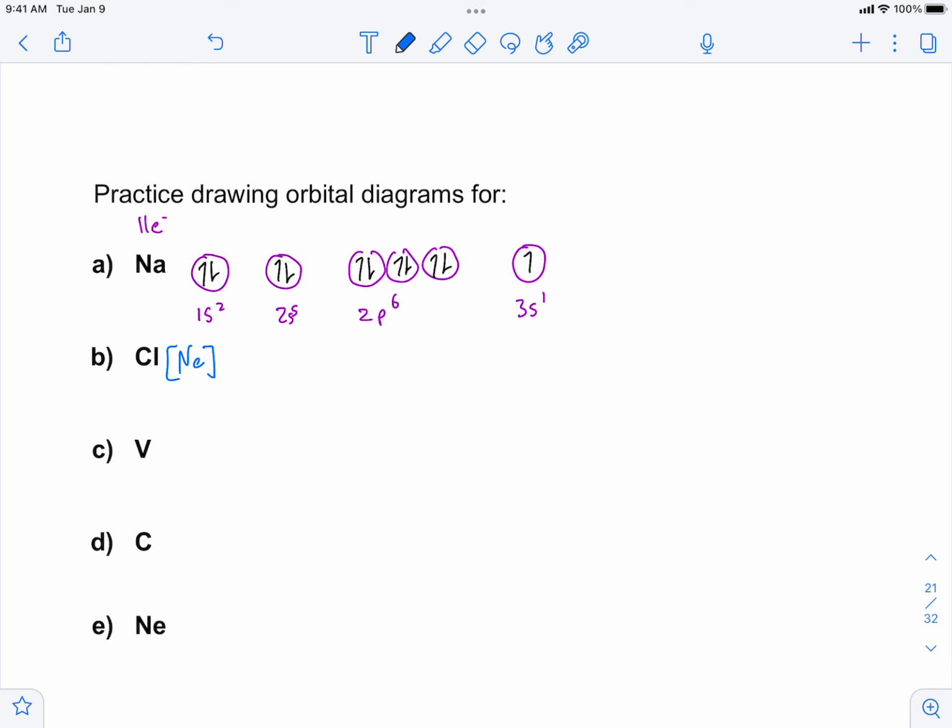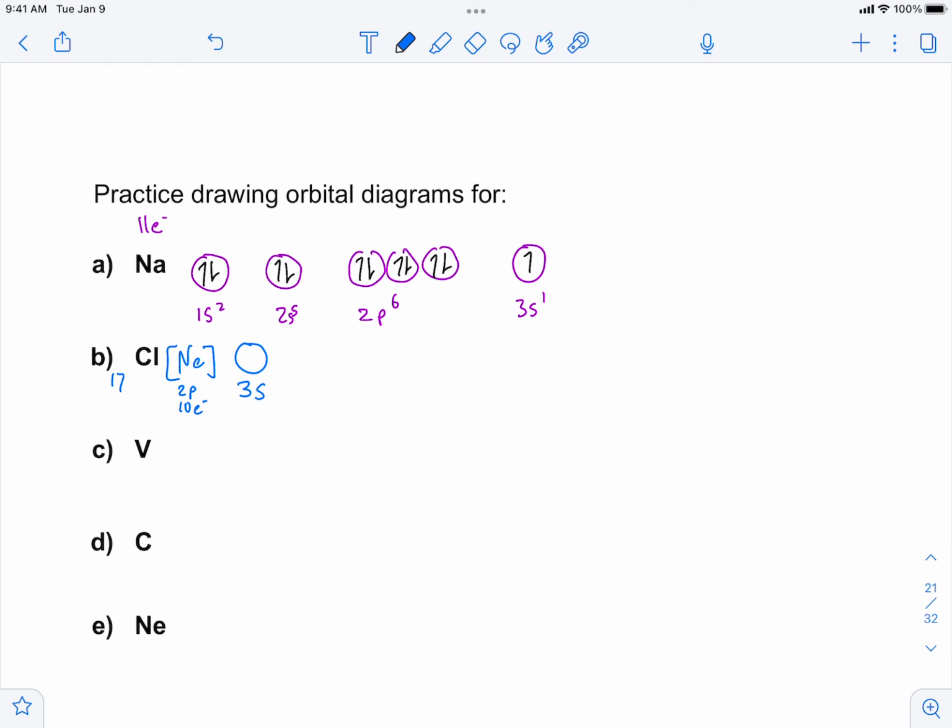Okay, neon is what? What p row is it? Is it 2p, 3p, 4p? What is it? Okay, it is 2p. So if neon is 2p, then according to your arrow diagram, the thing that follows 2p is s, 3s. Okay, so neon had 10 electrons.